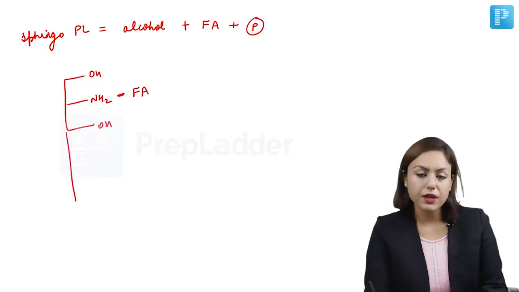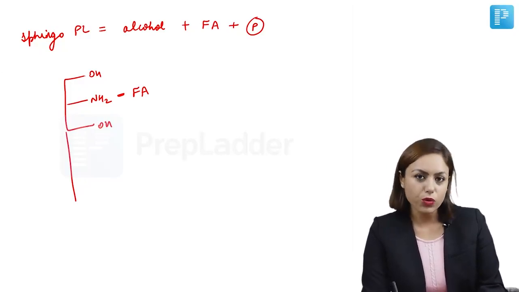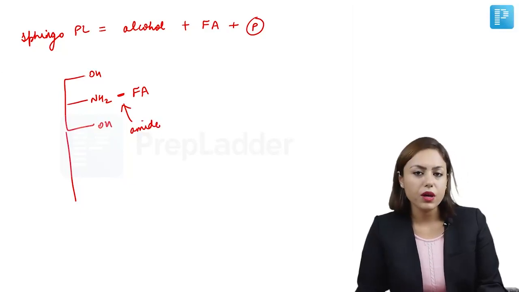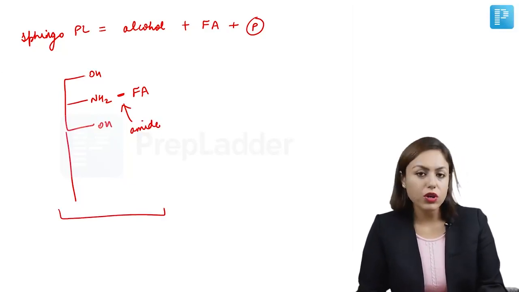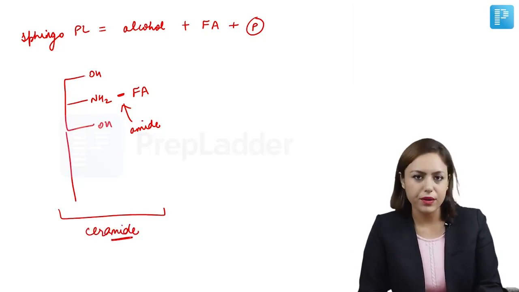Here the fatty acid is attached with the amino group. When fatty acid is attached with an amino group, this bond is an amide bond, and this much structure is known as ceramide. Because it has an amide bond, it is ceramide, right?